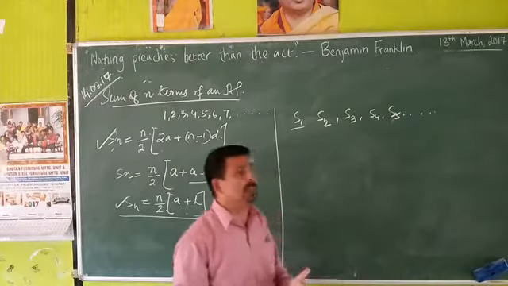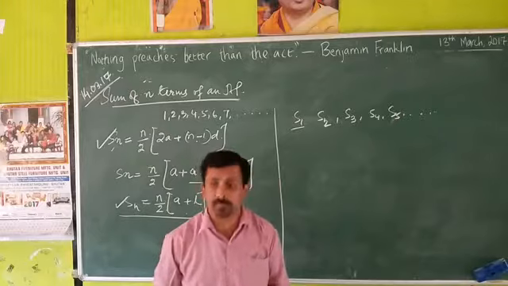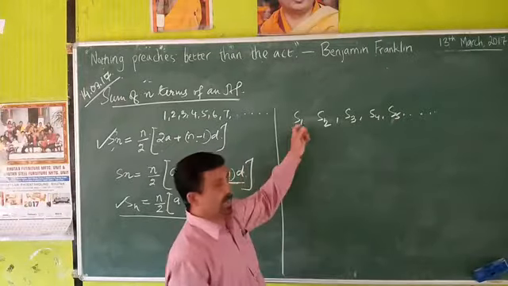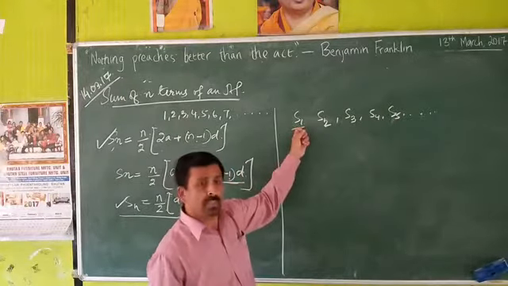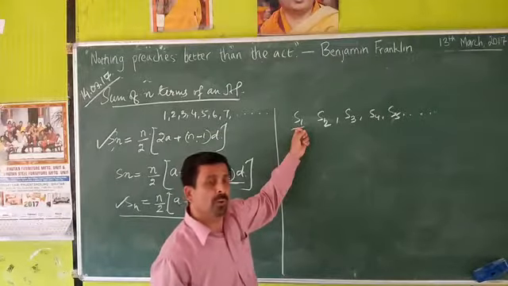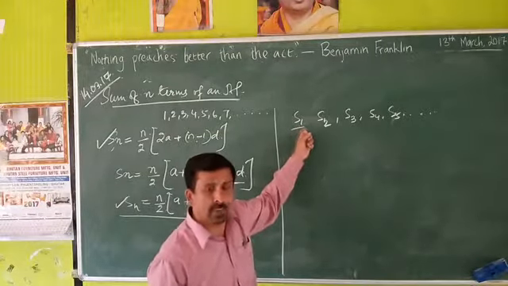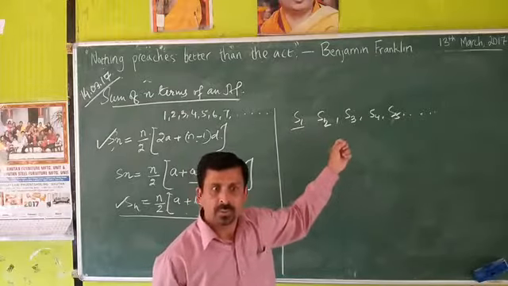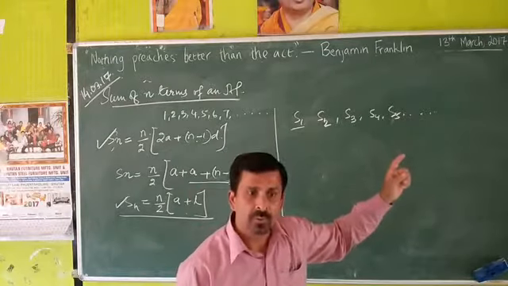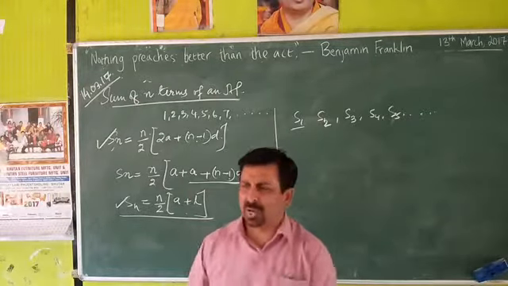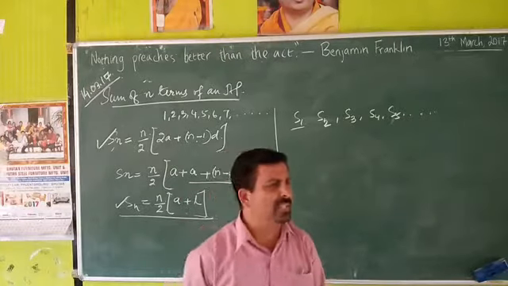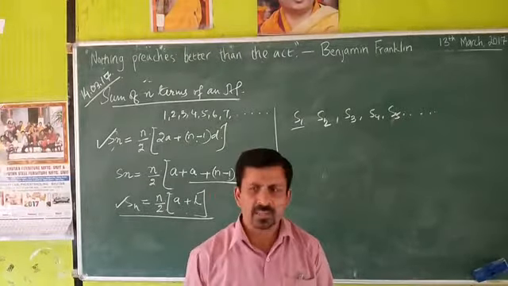In that case, how do we find the nth term or a particular term of a series? We will again go back here. What is this? Sum of one term of a series. It sounds a little unreasonable. It does not sound good.